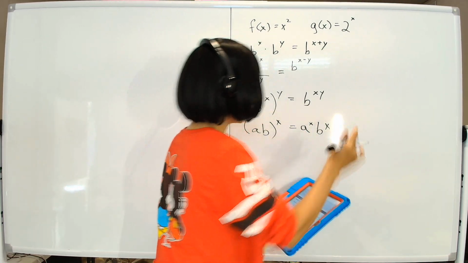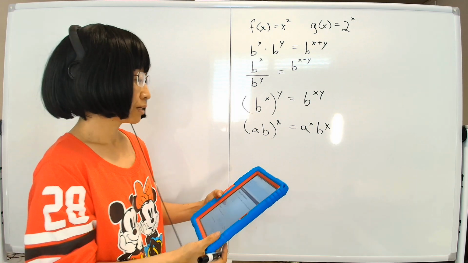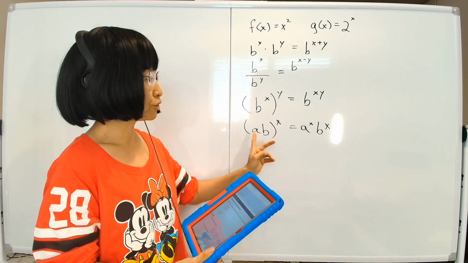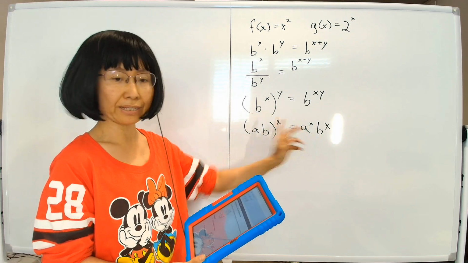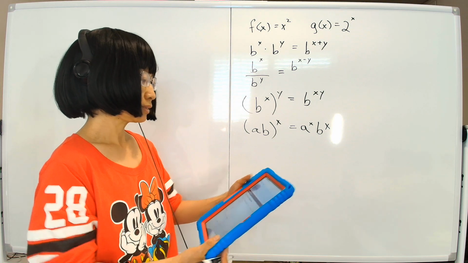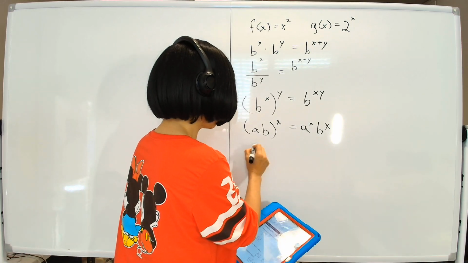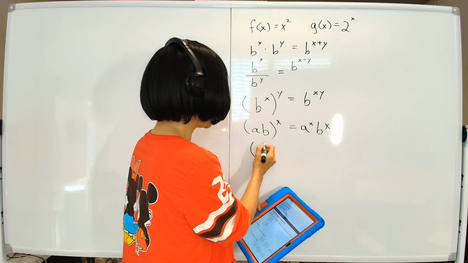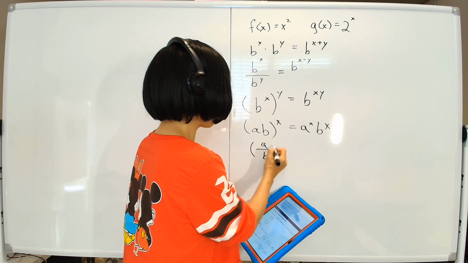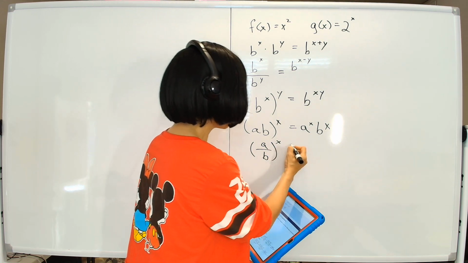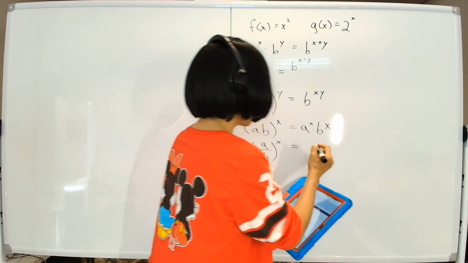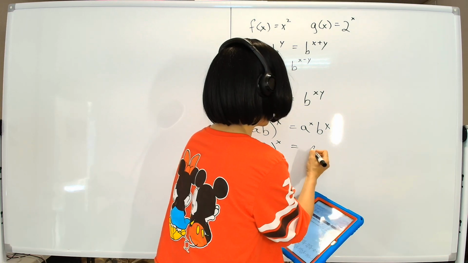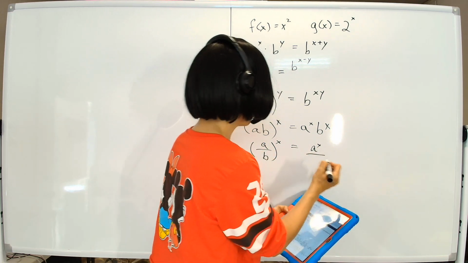So when you have a power on a product, the power is distributed to each one. And in terms of division, it works the same because multiplication and division are kind of the same thing. So (a over b) to the x equals a to the x over b to the x.